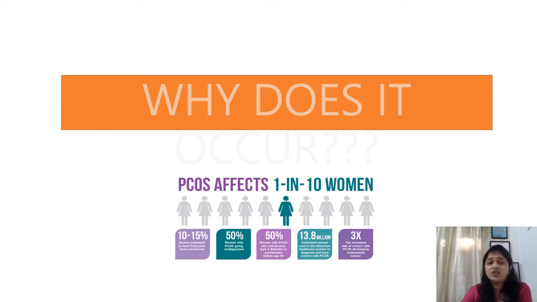The very nature of this disorder is such that it makes it absolutely necessary that an early diagnosis is made, so that you're able to start treatment along with the weight loss measures that have to be taken, so that you will be able to reduce the risk of developing the long-term complications.